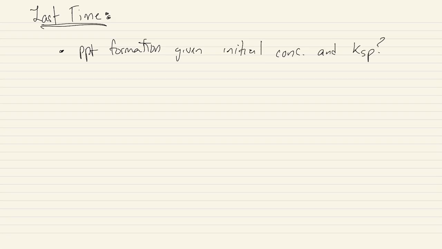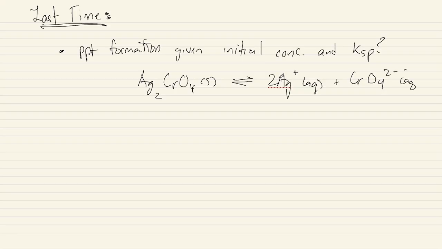If you're given both of those things, you can determine if a precipitate forms, because if we have something like Ag2CrO4 solid, and this goes to 2 Ag plus plus CrO4 2 minus, right? If we look at the initial concentrations for this, that can tell us whether or not the precipitate forms, because it'll tell us something about this reaction.